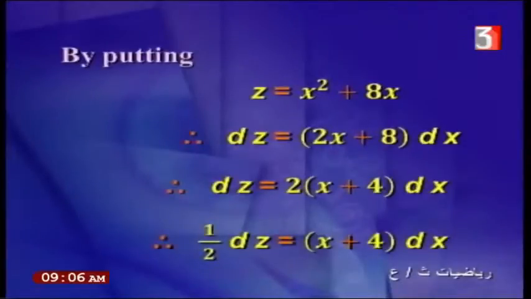Now the original function, the integration of (x plus 4) over (x squared plus 8x) to the power 4 dx, we can substitute (x plus 4) dx by half dz, and (x squared plus 8x) to the power 4 by z to the power 4.